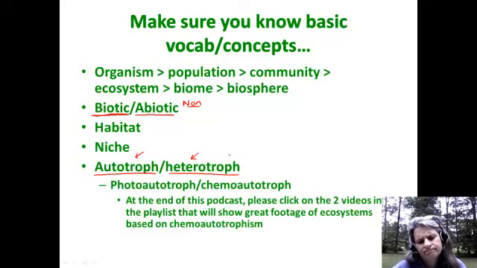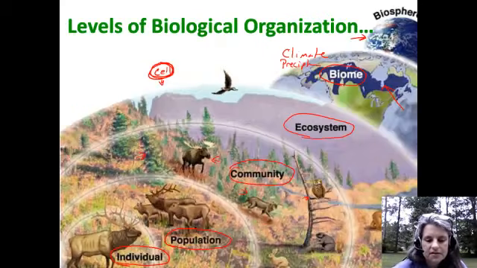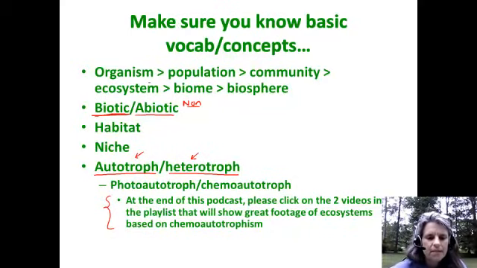And there will be a couple of little added videos that you can watch within the playlist on this podcast that shed light on some of these ideas. Photoautotrophs are organisms that make their own food using light.